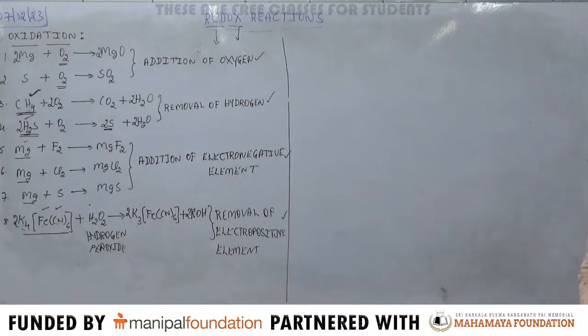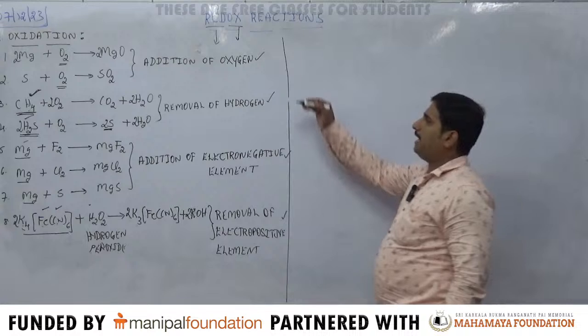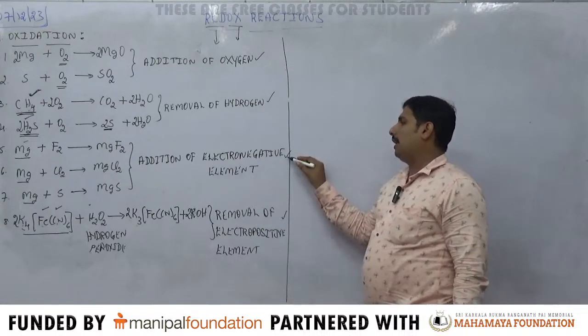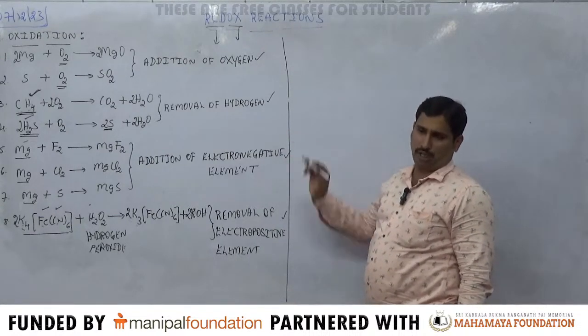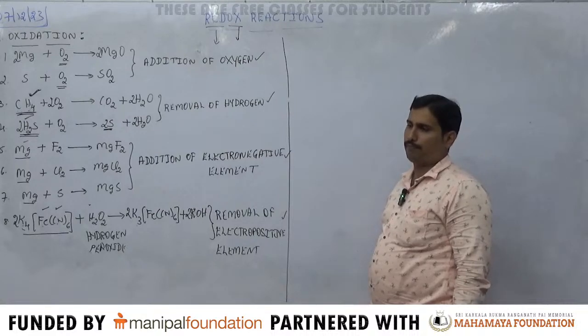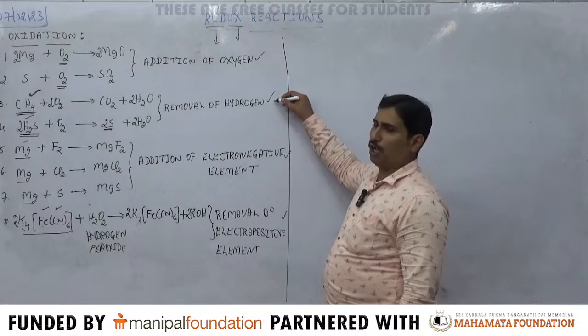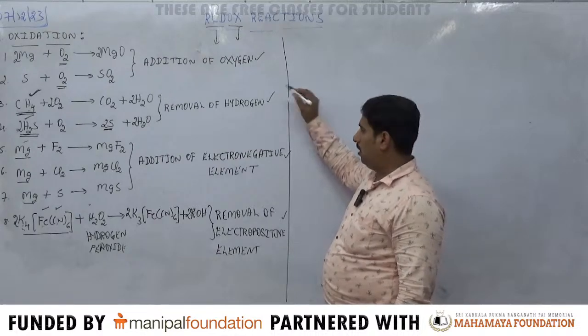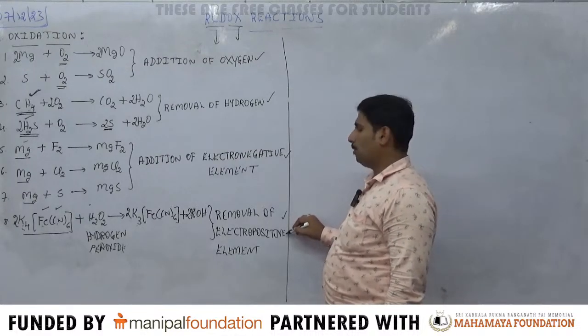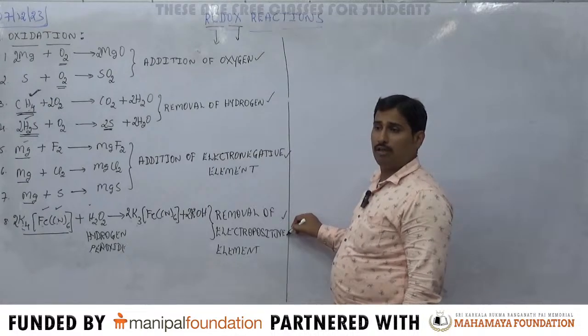Just a minute. Oxidation is a removal of hydrogen or removal of, you wrote electropositive? Oxidation is an addition of oxygen or electronegative element to a substance, or removal of hydrogen or electropositive element from a substance.